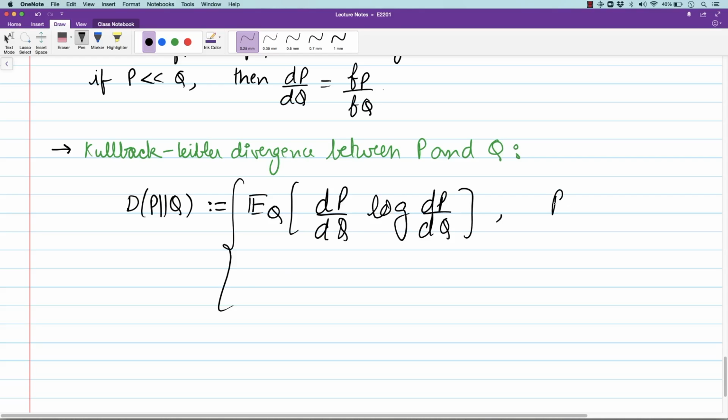This is true when P is absolutely continuous with respect to Q, and otherwise it's infinite.